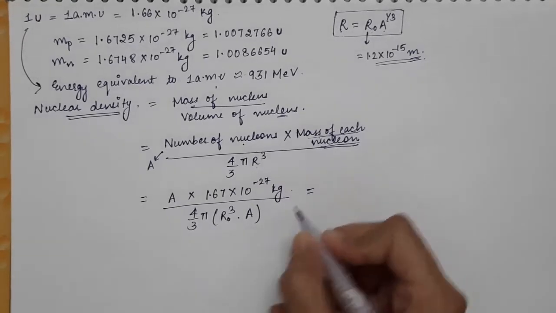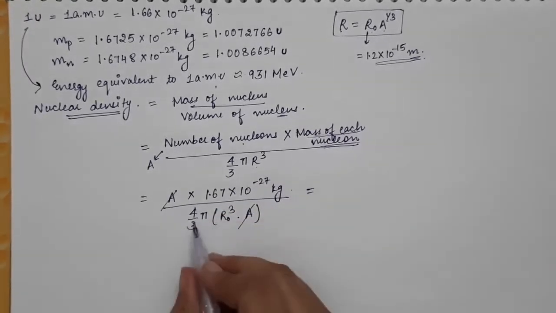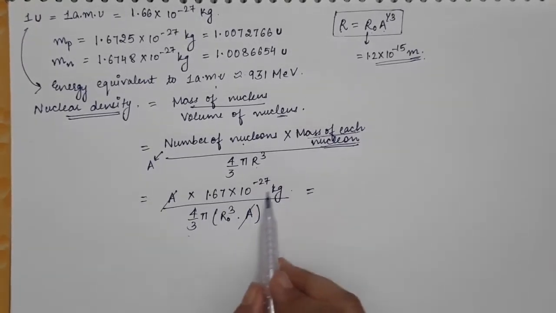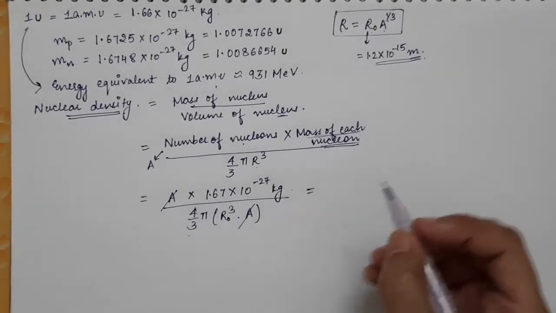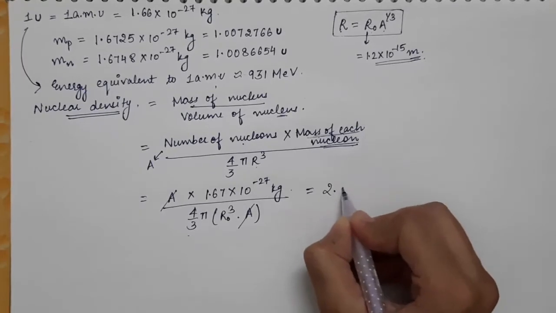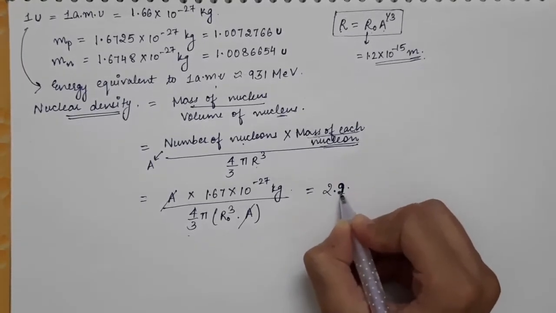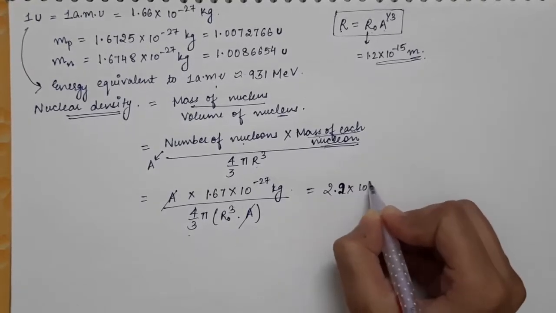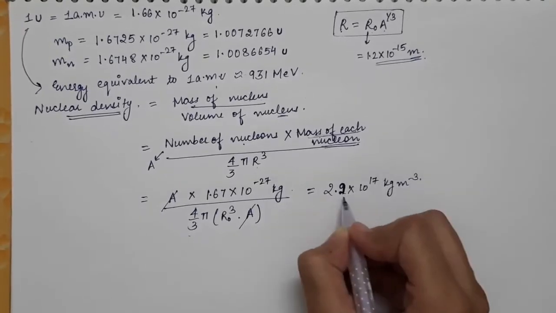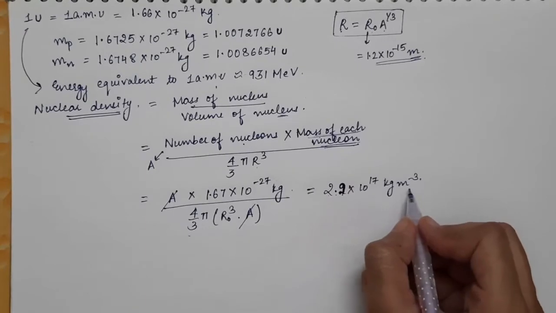Here we can see that capital A cancels with capital A and we are just left with the constant values. When you evaluate these constant values, it comes out to be equal to 2.9 × 10^17 kg per meter cube.